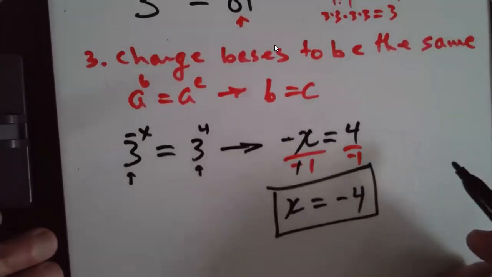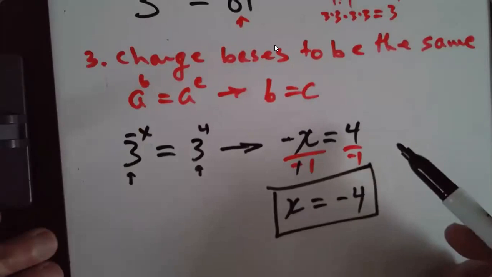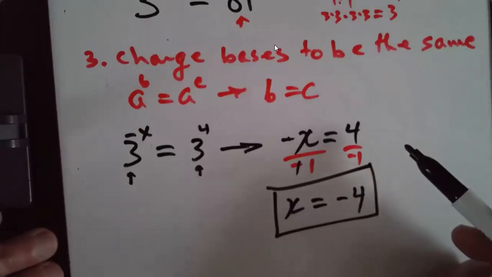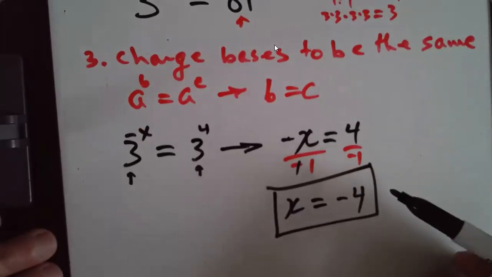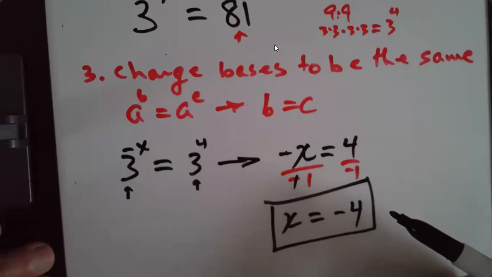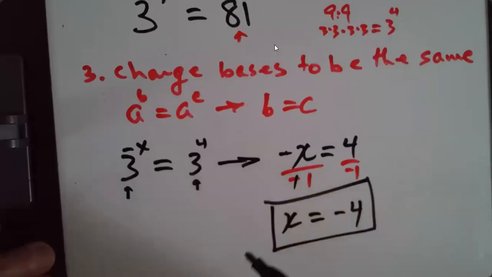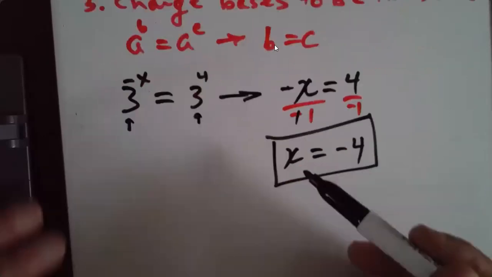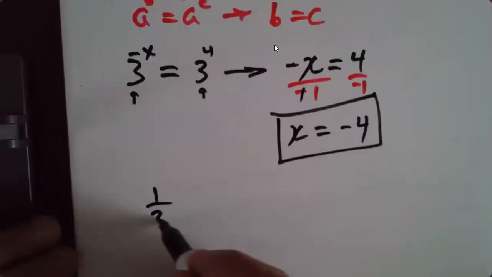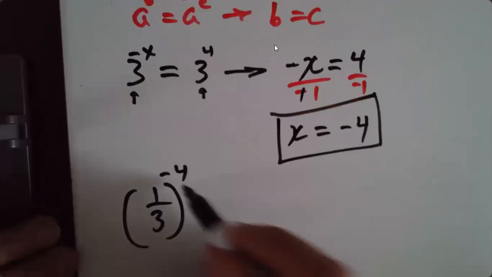So if we were to check it, we put 1/3 to the negative 4 power equals 81.